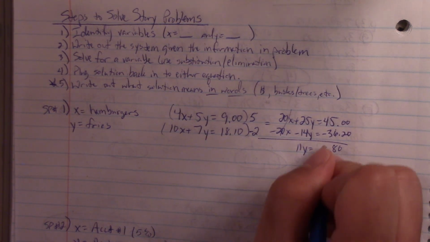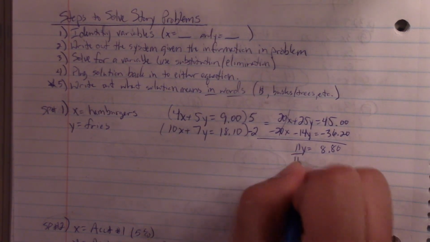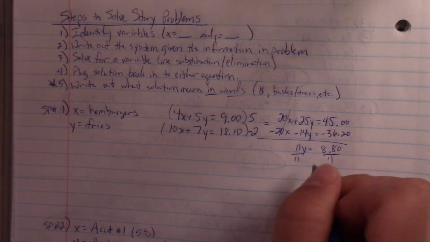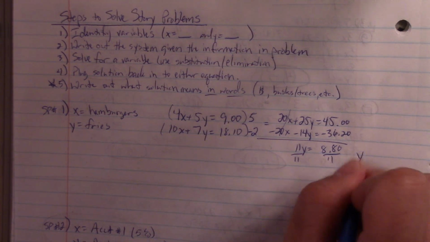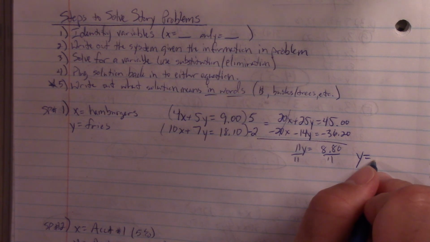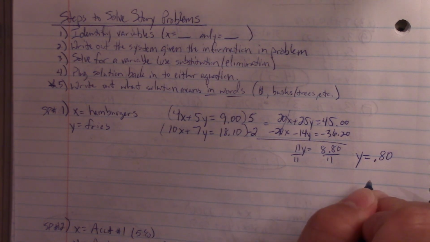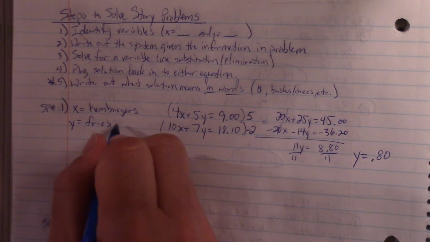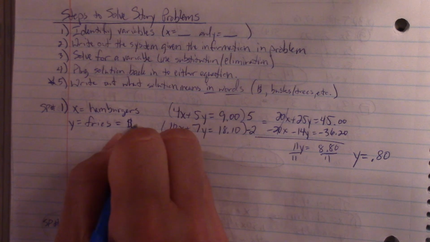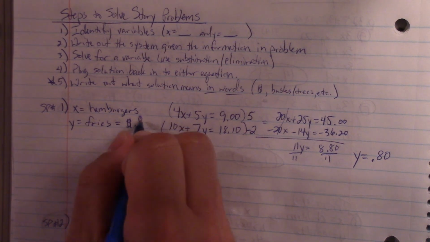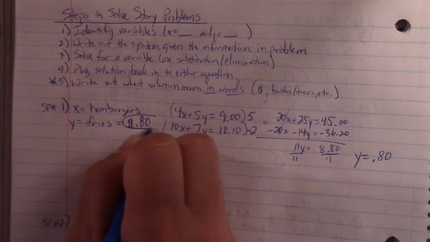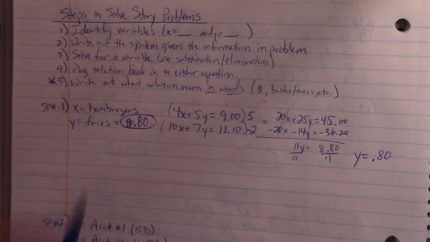Borrow from there, so 880 divided by 11. That works out kind of nice. You obviously want to use a calculator here, and you get y to be 0.80. So let's put that for the French fries. It's 80 cents, 0.80 dollars.